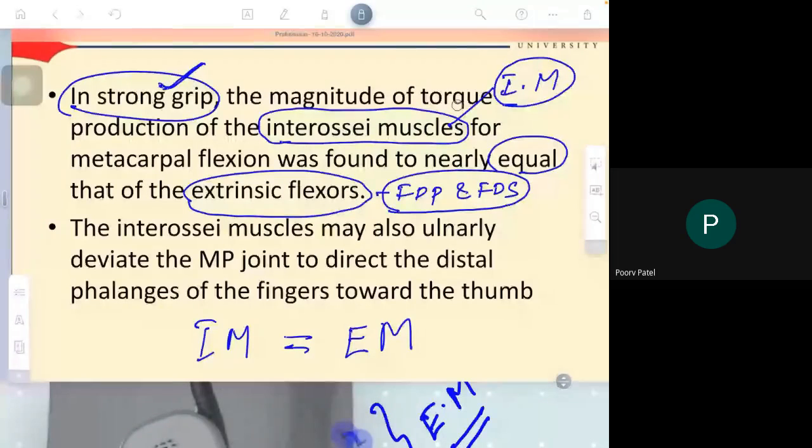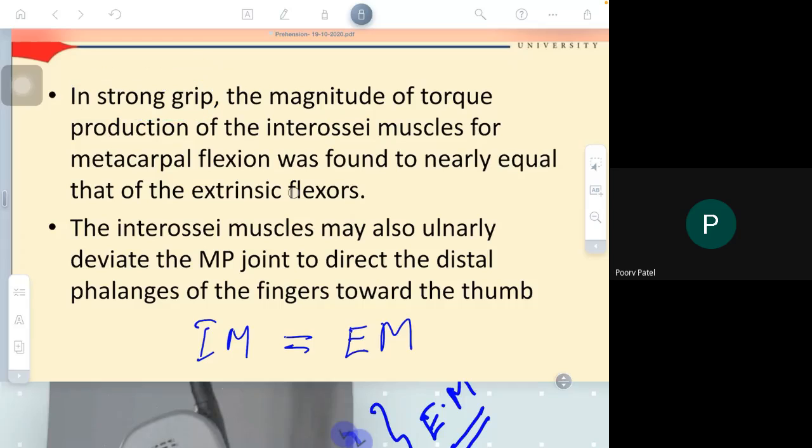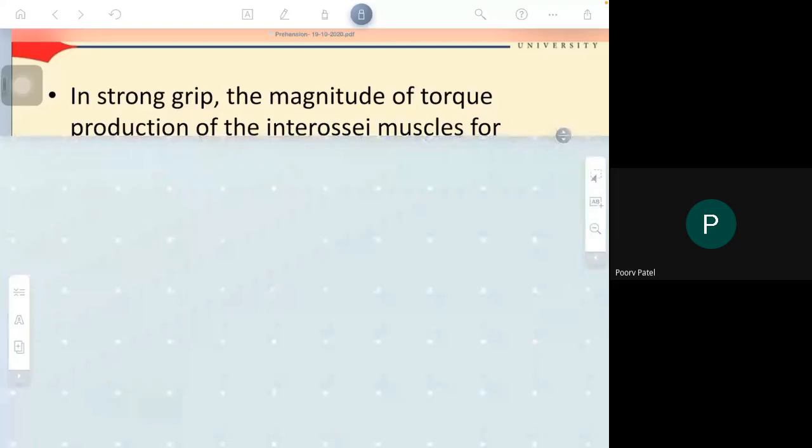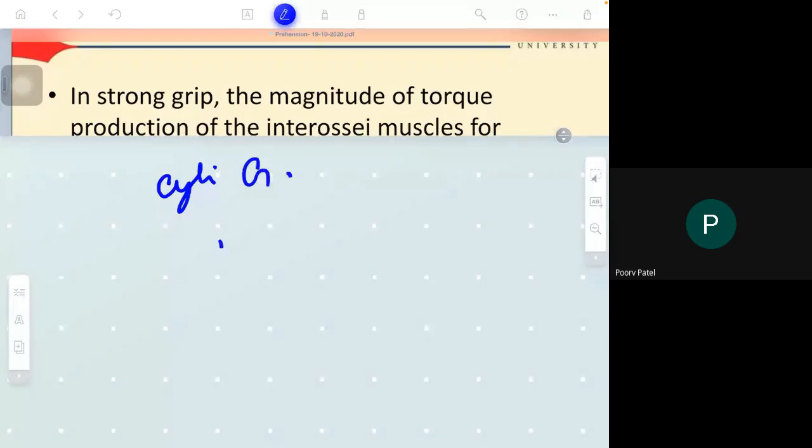Clear? First point we discussed, what we think normally in cylindrical grip, I'll conclude now. What we think in cylindrical grip is that only extrinsic muscles come into play. But studies show that even intrinsic muscles have equal importance.